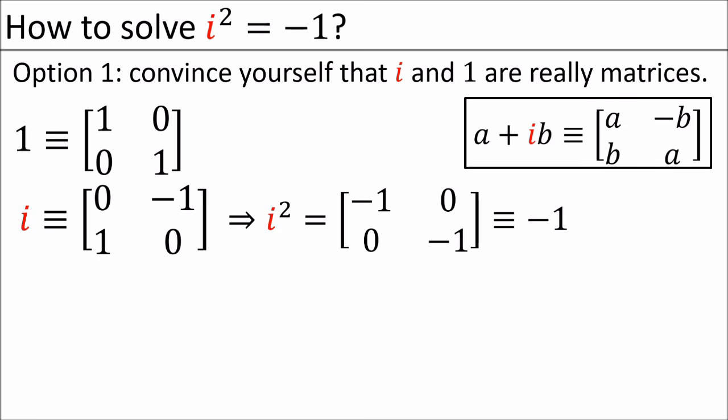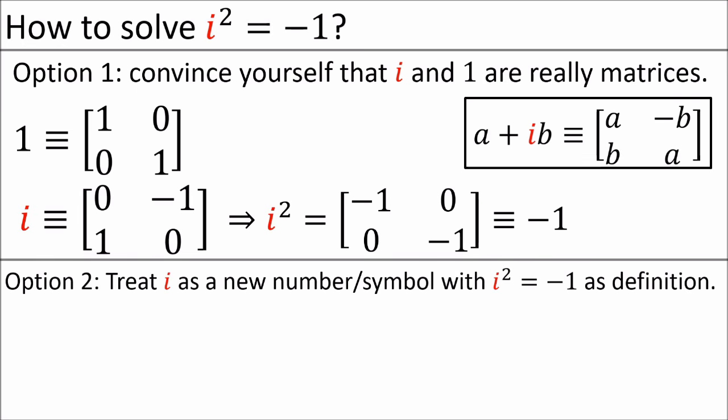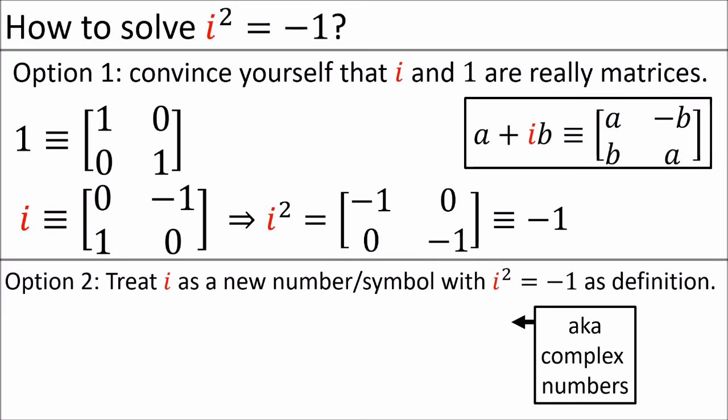The expression A plus IB would then give you a matrix like this. Another way to approach this is to simply treat I as its own symbol, with I squared equals -1 as the definition. This is the more traditional approach, and it's how we normally define complex numbers.